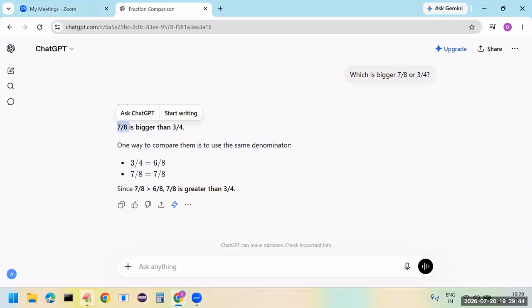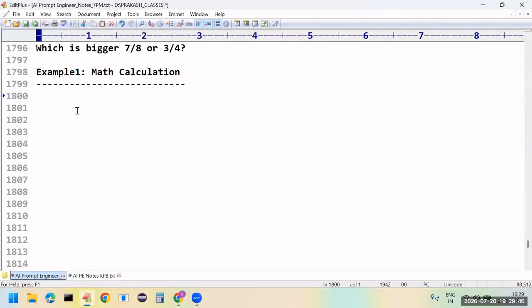Now I will ask ChatGPT to do this using reasoning prompts. So what will I do? Can you please compare 7 by 8 and 3 by 4 step by step?